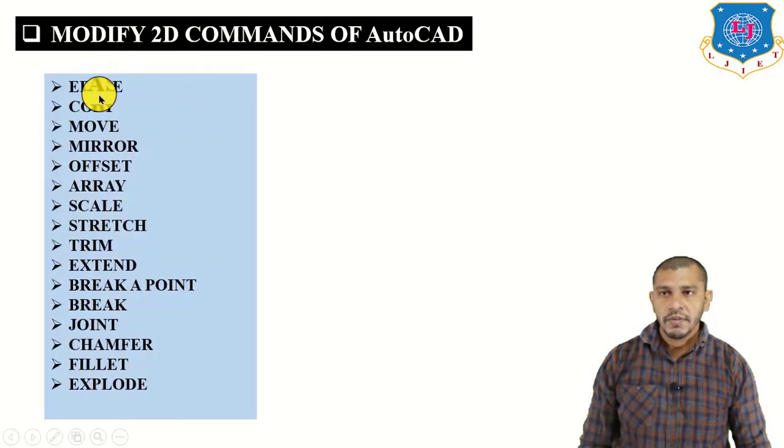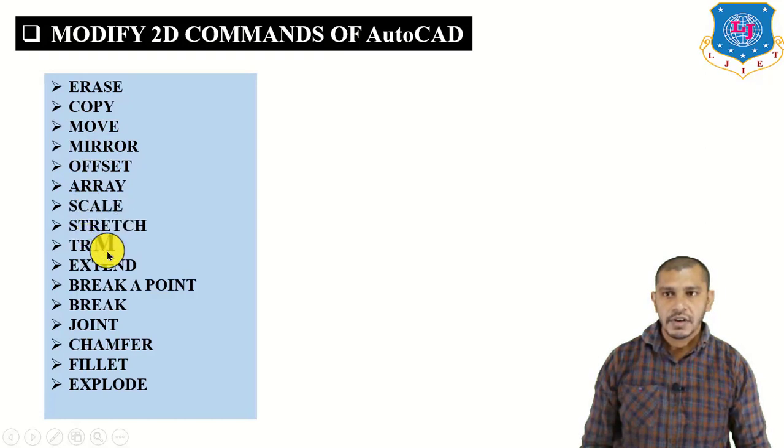The different modify commands are erase, copy, move, mirror, offset, array, scale, stretch, trim, extend, break at point, break, join, chamfer, fillet, explode. So let's practice all these modify commands by using AutoCAD.